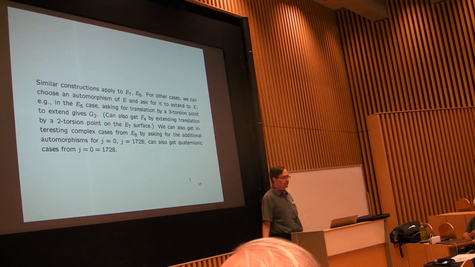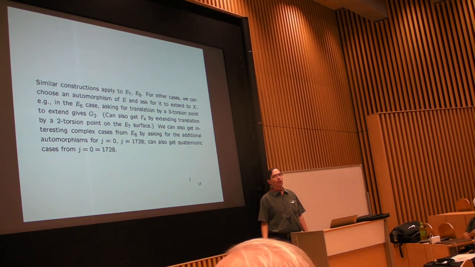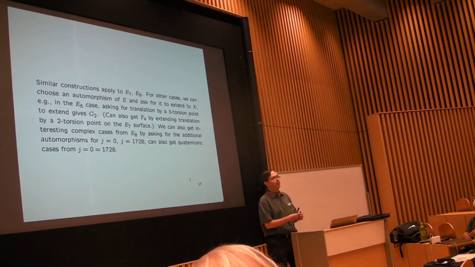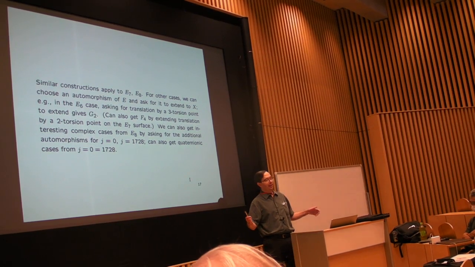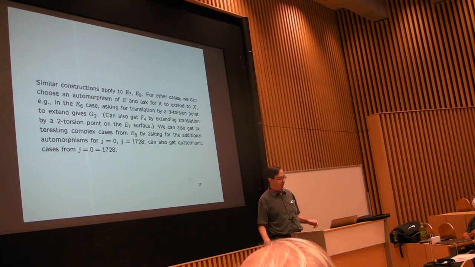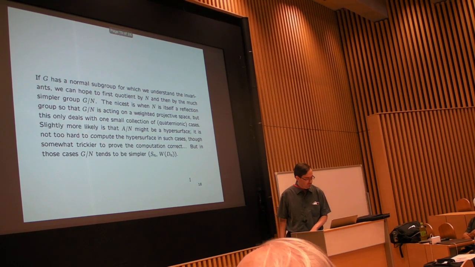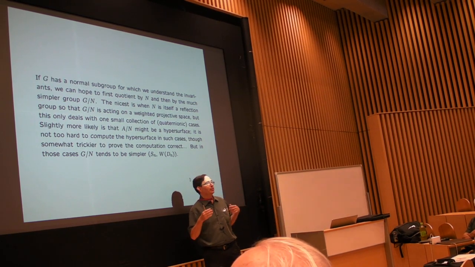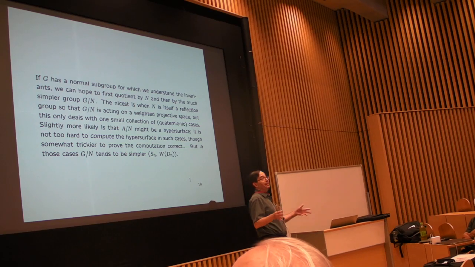So characteristic 2 or 3. And there the automorphism group is basically the unit group in a quaternion algebra, and you can ask for that to extend to the surface, and you get a couple of quaternionic reflection group cases that way. Okay. So that exhausts the cases where I can actually explain what this quotient actually means.